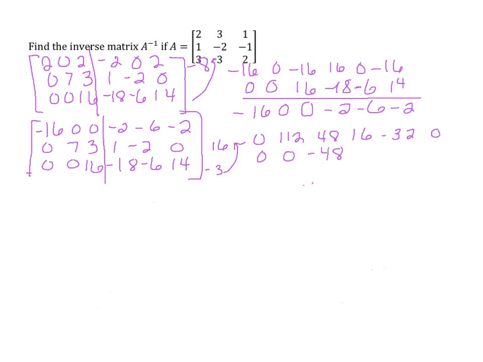-48, 54, excuse me, +18, -42. So my middle row is 0, 112, 0, 70, -14, -42.